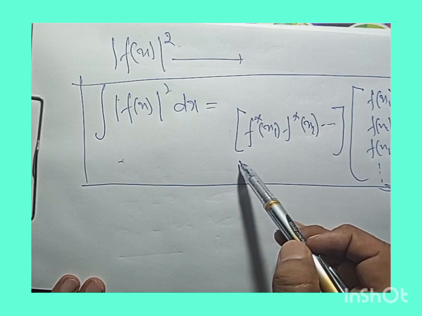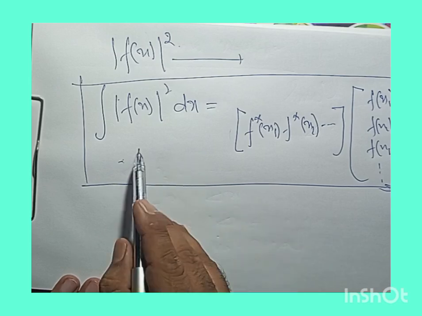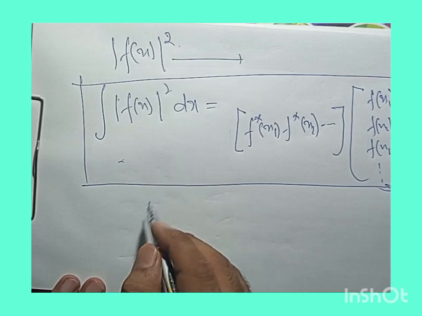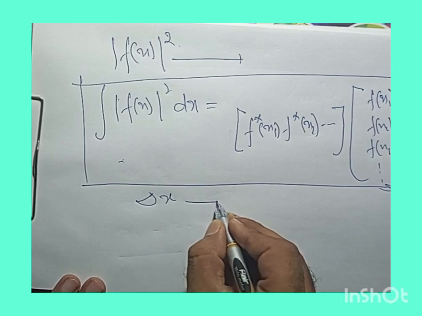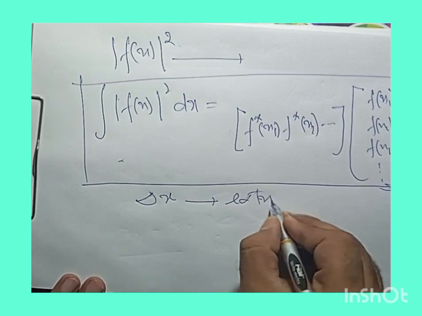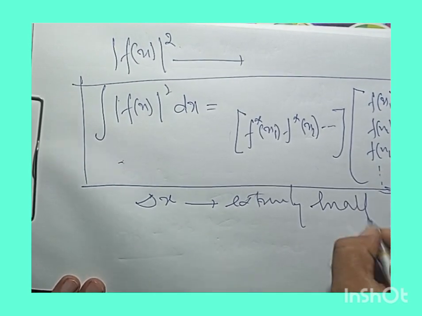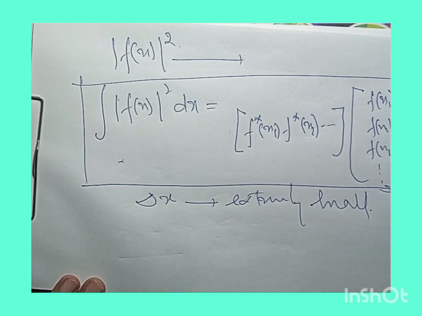What is important here is that this equation can be treated as true only if we choose this delta x to be sufficiently small, extremely small, and the corresponding vectors therefore should be sufficiently long.